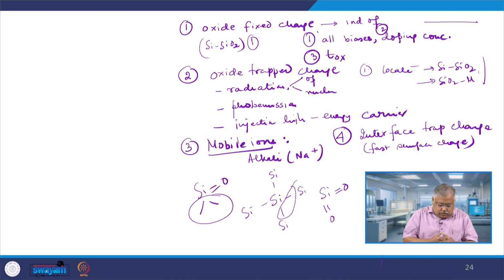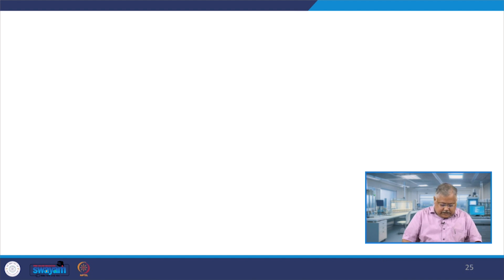Now, let us look at immobile charge carriers in a much more detailed manner, and then we will look into mobile charge carriers also in detail. So, let us look at the immobile charge carriers. Let me write down a value of the charge Q0 to be the total charge available within the device. This takes care of interface trap charges or oxide trap charges.